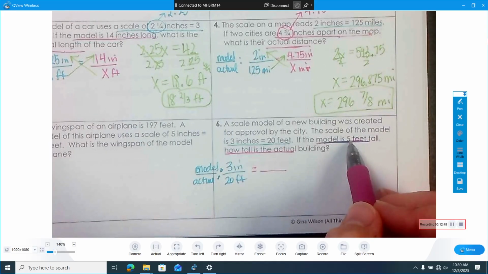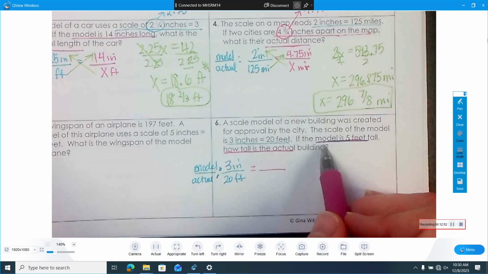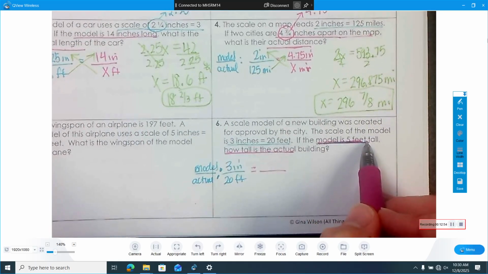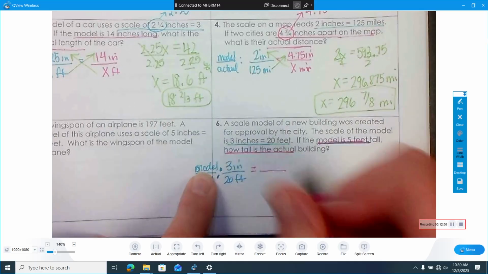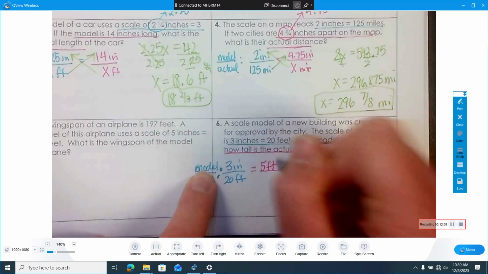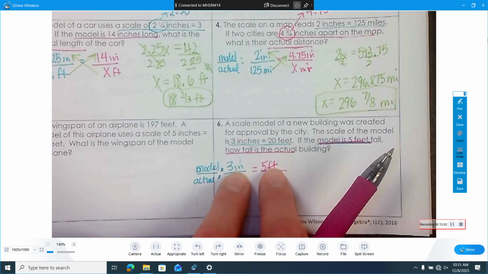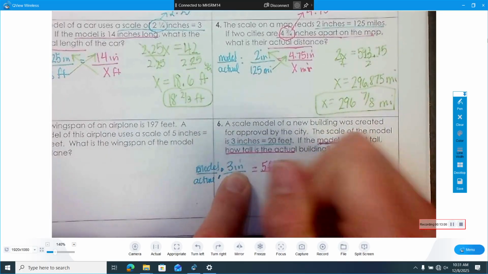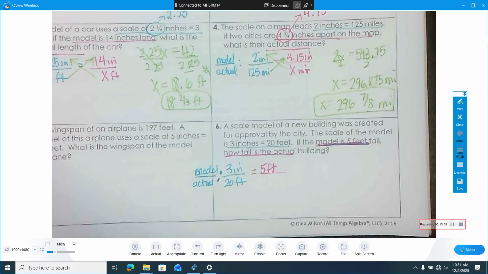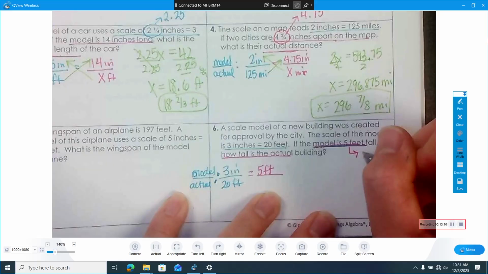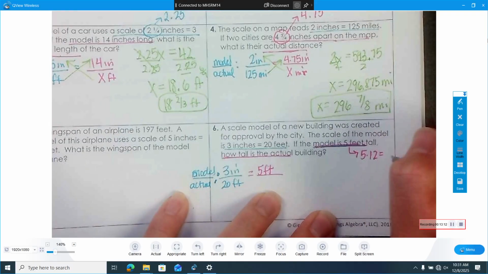Okay, here's where we have to be smarter than our units. It says the model is 5 feet tall. This is information about the model. It tells us it's 5 feet, but can I have 3 inches is equal to 5 feet on top? No. So 5 times 12, yes. We have to convert that into the same units.